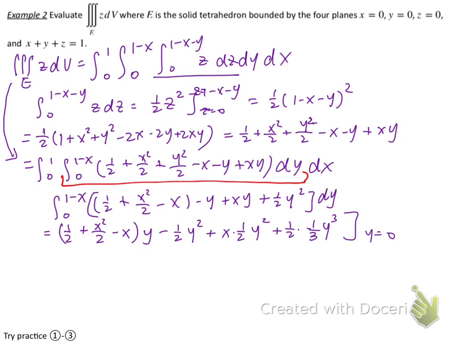Y goes from 0 to 1 minus x. So this will be 1/2 plus x squared over 2 minus x times 1 minus x.